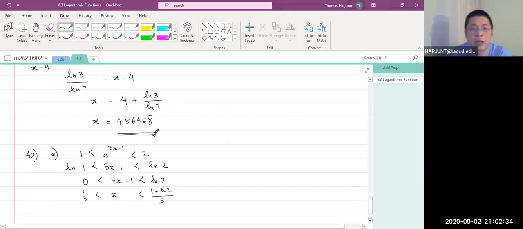However, you need to be careful if the base is between 0 and 1. Suppose, for example, I change the question: 1 is less than, let's say, (1 over 2) to the power of (3x minus 1), less than 2.